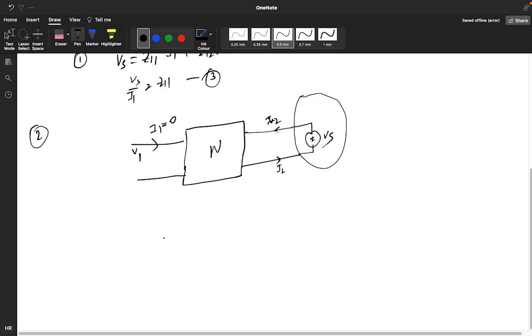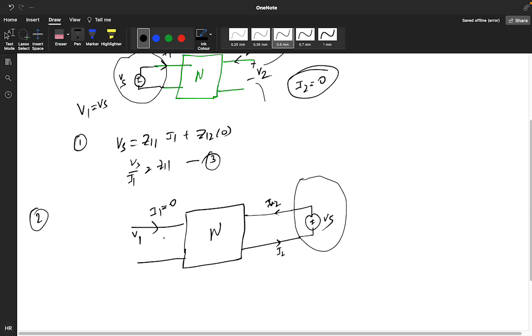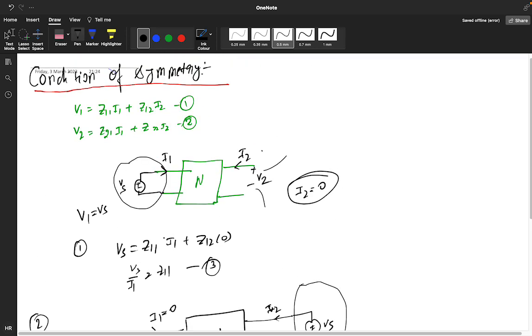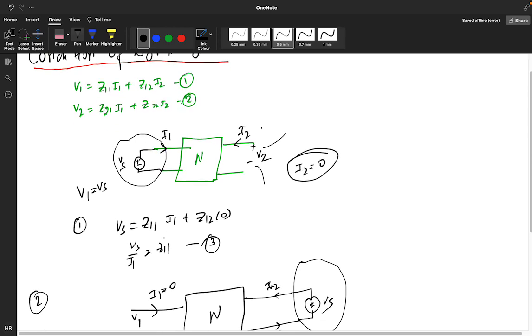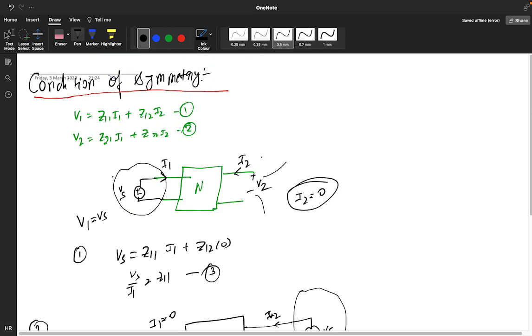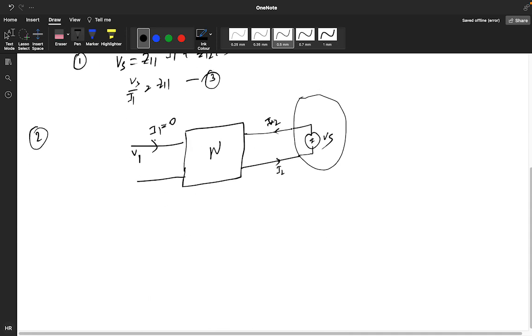Now you substitute the value in equation 2. What is equation 2? V2 is equal to Z21 I1 plus Z22 I2.